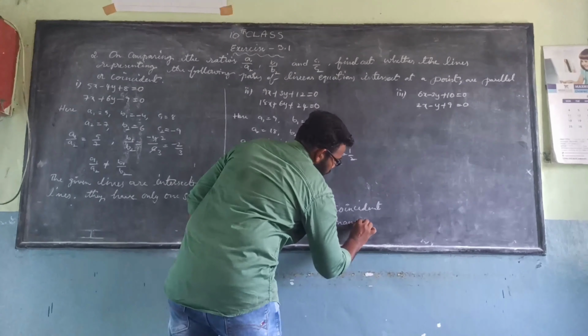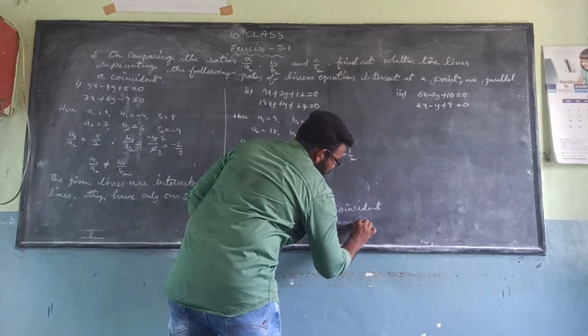So first one, a1 by a2 is equal to 3 by 2 and b1 by b2 is equal to 2 by minus 3. So clearly here we can say that a1 by a2 is not equal to b1 by b2.